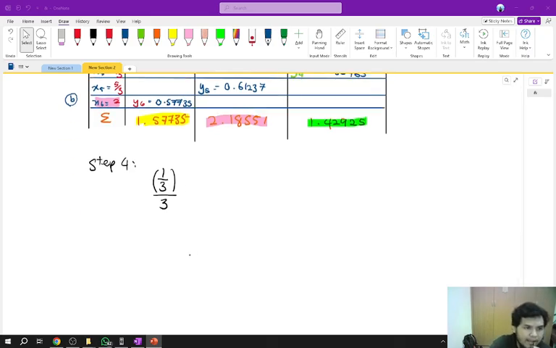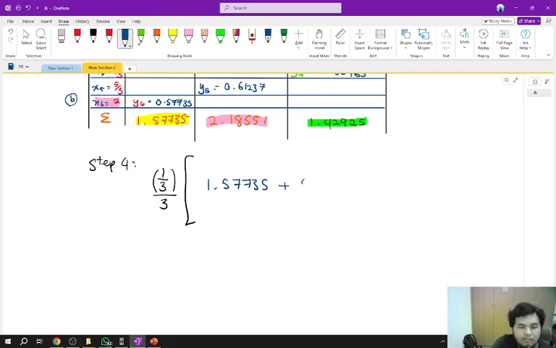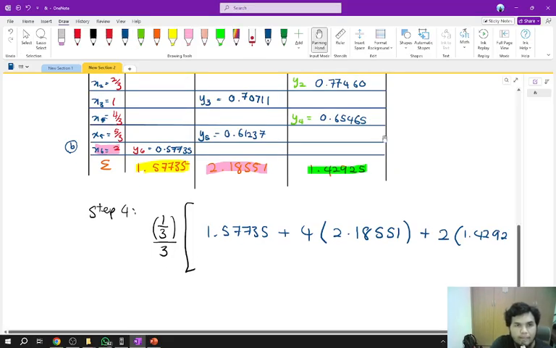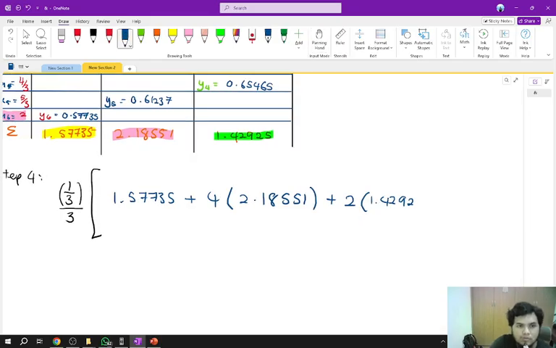Right? So big bracket for the yellow part 1.57735 plus 4 from the formula times the pink value 2.18551 plus 2 times the green value for the even numbers 1.42925. Okay, close bracket.